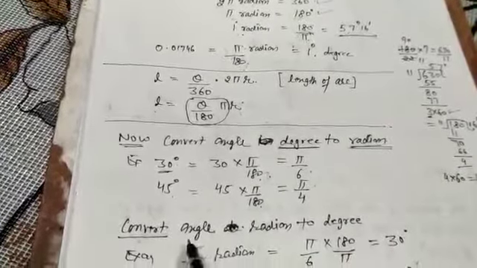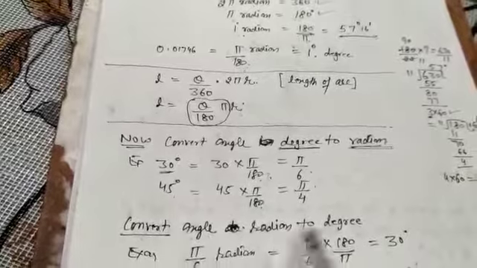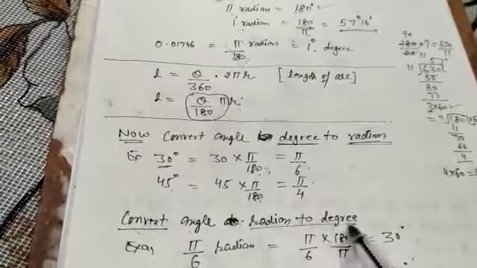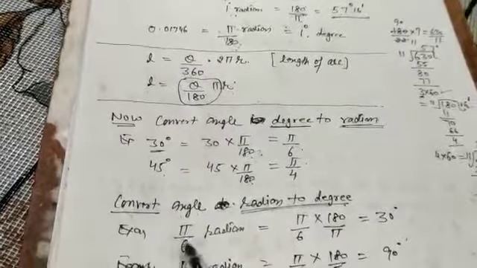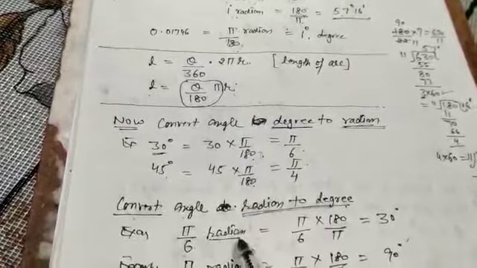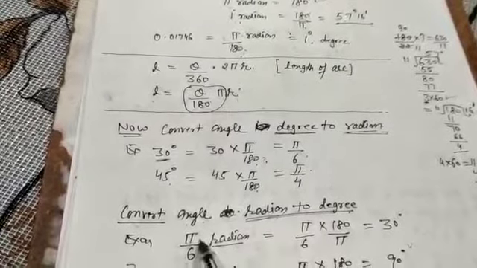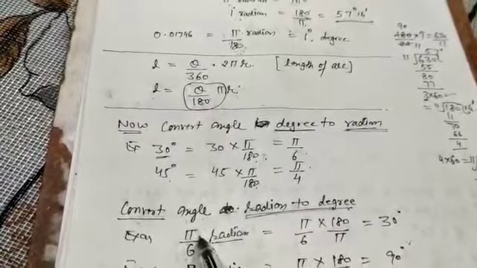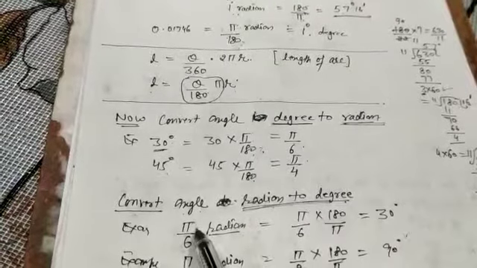There is one more, convert angle from radian into degree. Now it is the reverse, radian into degree, pi by 6 radian. Remember, whenever an angle is given to you in the form of pi, it indicates that the angle is given in radian.